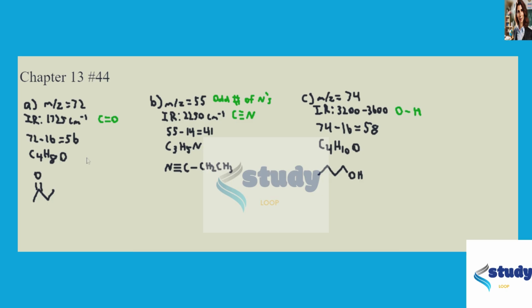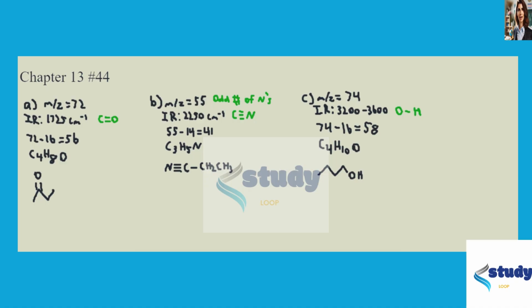Then fill in the remaining mass with hydrogens. So 8 more hydrogens, 48 plus 8 gets us to 56. And then we have the one oxygen that we said was present. Given this formula and the fact that there has to be a ketone in it, this is really the only structure that we can draw.